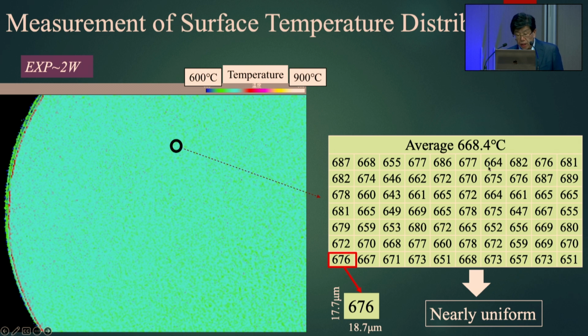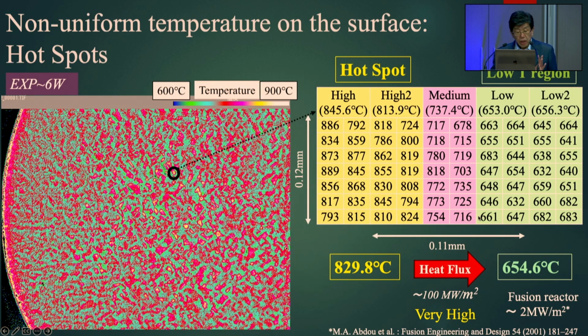These are the raw data for the surface temperature distribution. One pixel is 18.7 micrometers by 17.7 micrometers. In this case we see a nearly uniform temperature distribution, and the average temperature is about 668 degrees.